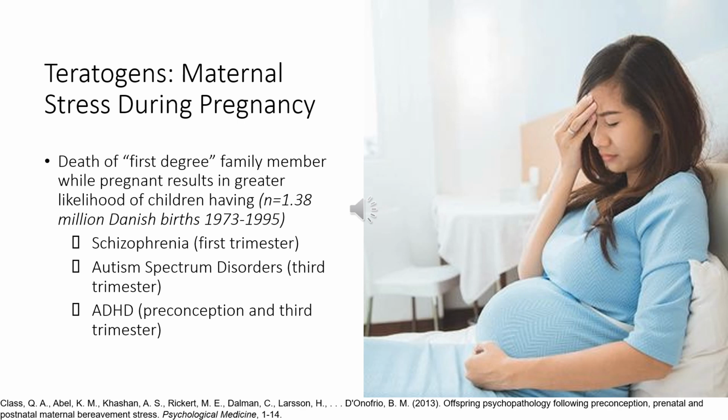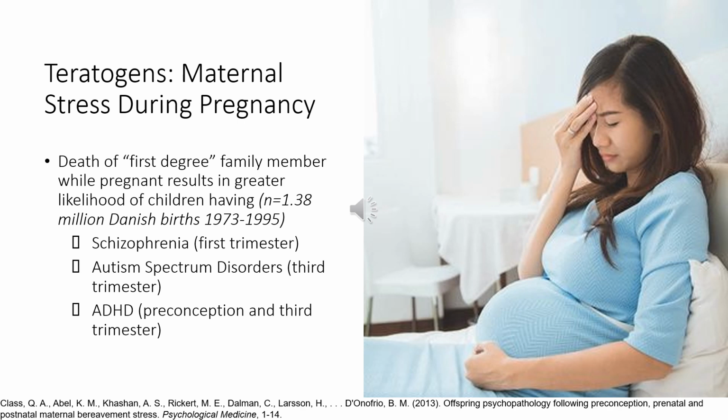So this was a research study that involved national registries among Danes. In Denmark, over 1 million Danish births between the 1970s and 1990s were tracked and then correlated with whether or not the pregnant mom had experienced the death of a close family member while she was pregnant, and what that led to for mental health diagnoses later on.